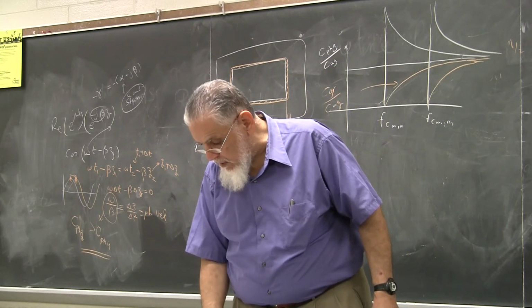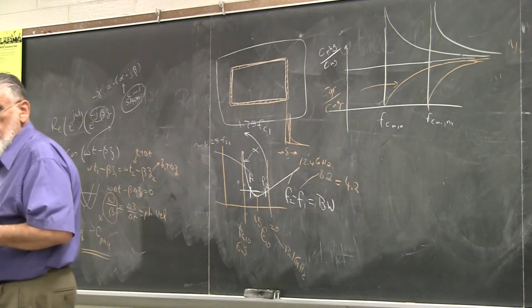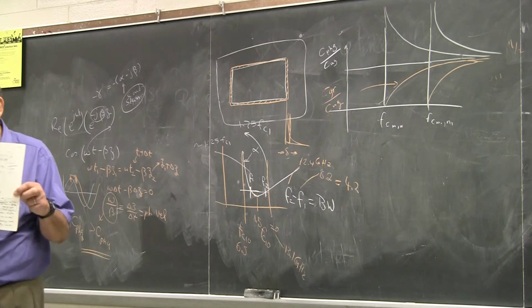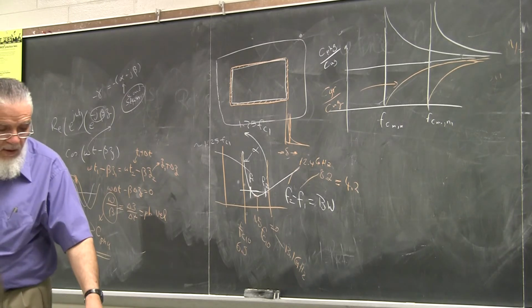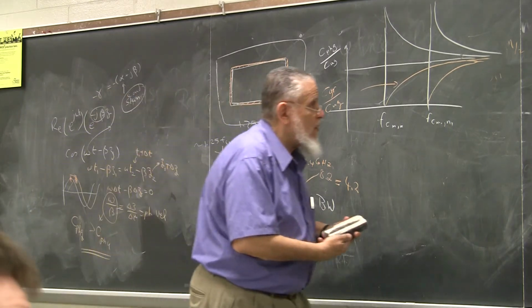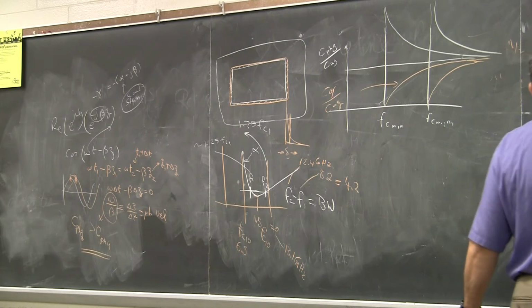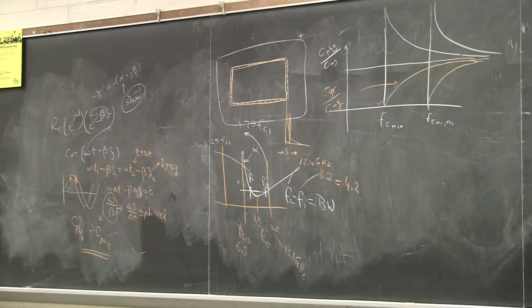Last thing that I want to do today, which actually wraps up the rectangular waveguide, is the resonant cavities. When we solved the equations, we assumed that the z-coordinate was a propagation coordinate, if you remember.